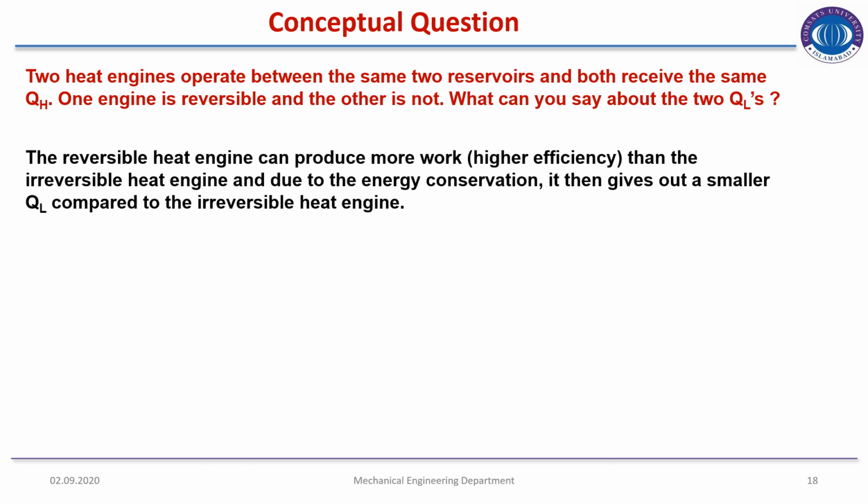The reversible heat engine can produce more work. That means the reversible heat engine is more efficient than the irreversible heat engine. So the irreversible heat engine will be less efficient, and due to energy conservation, it gives out a larger QL compared to the reversible heat engine.